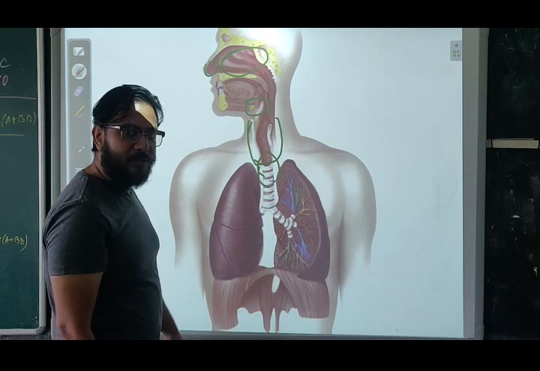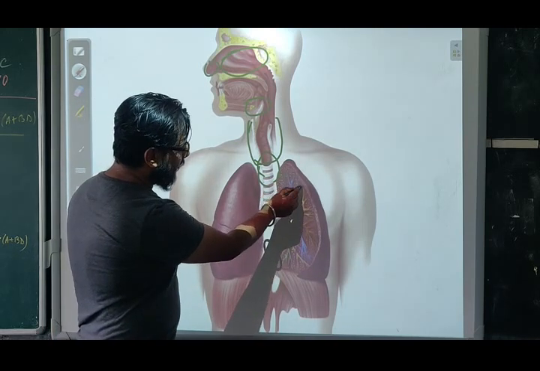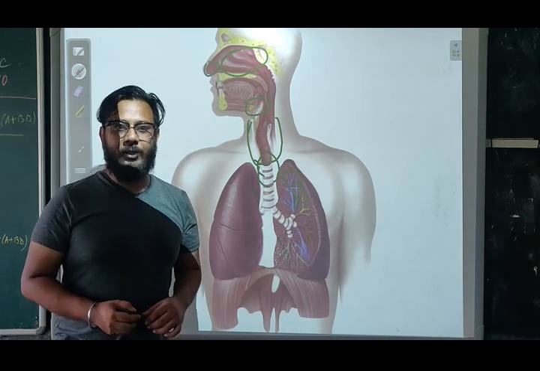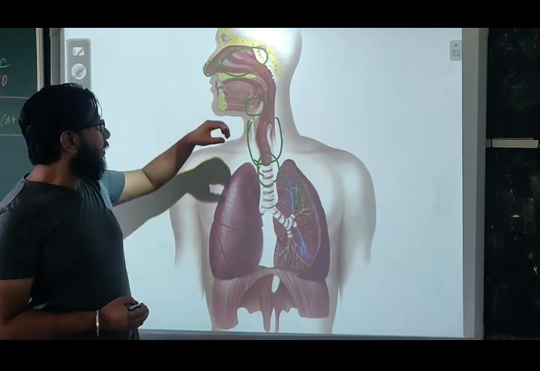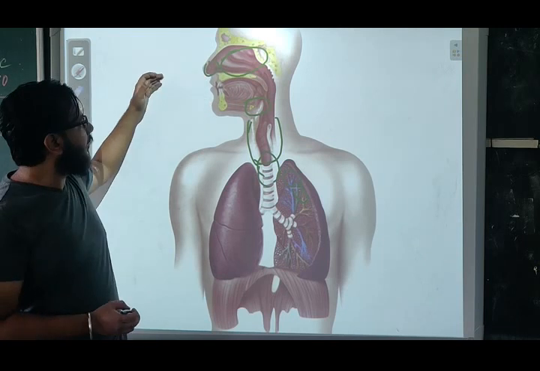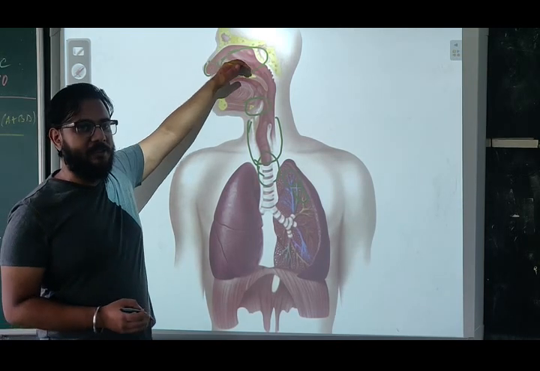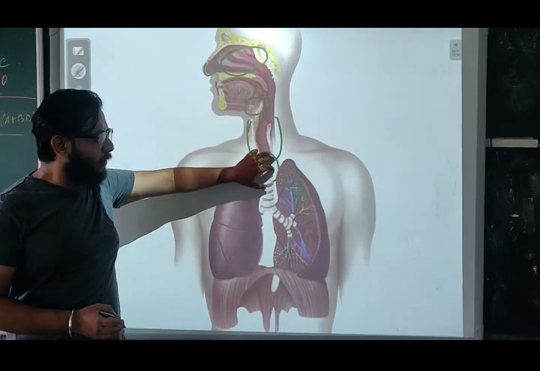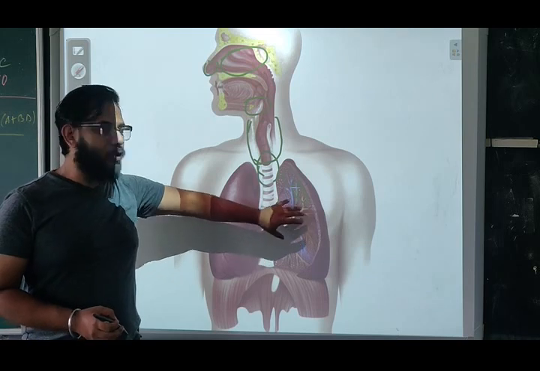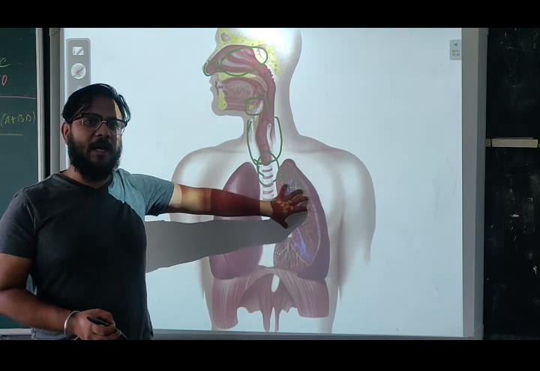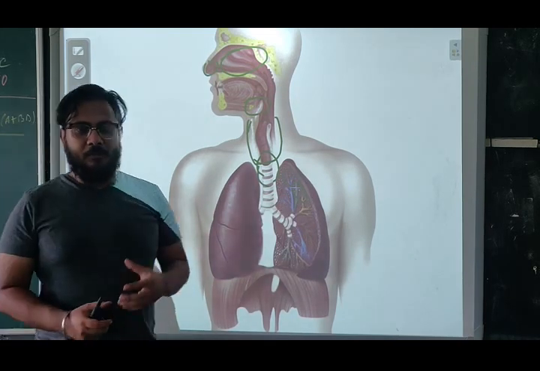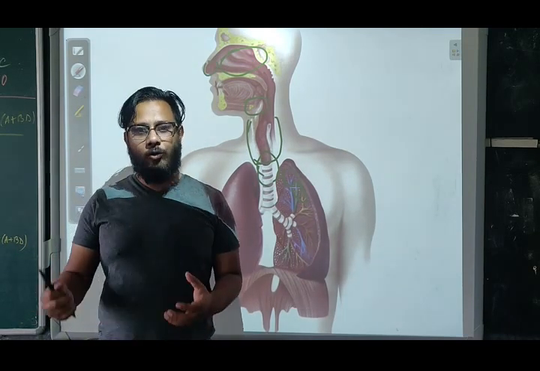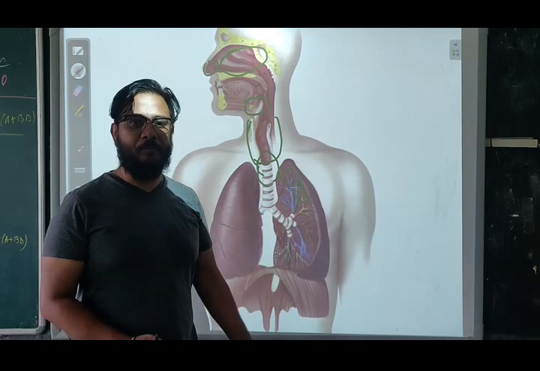These are your two lungs, and you see this tiny stuff out here. These are your alveoli. So the process starts from your nose, the air goes in, down the nasal cavity, down your pharynx, down your bronchi, to your lungs, to your alveoli, and from your alveoli it is broken down, and the red blood cells carry your oxygen along with the food to the other parts of the body.